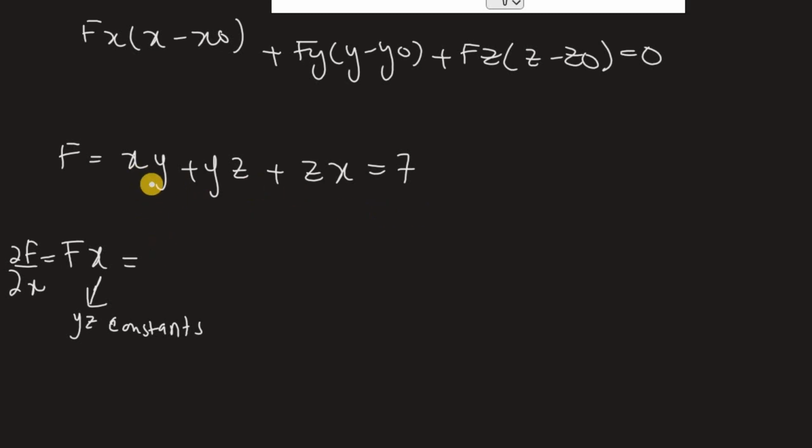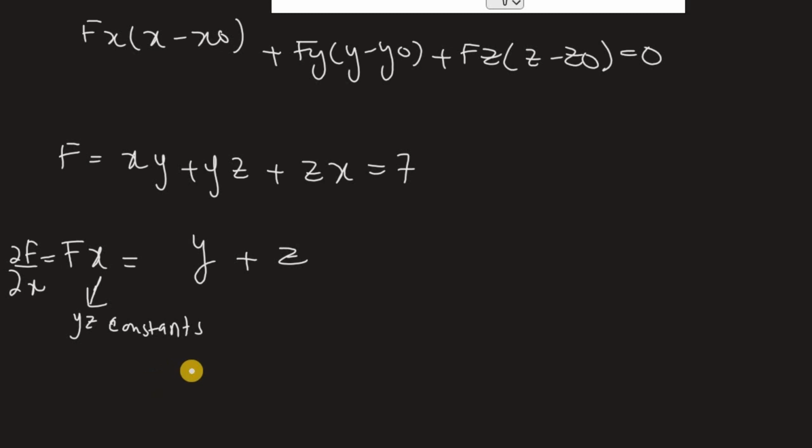For the first term xy, the derivative of x is 1, so the x disappears, and y is a constant, so it stays. For yz, there's no x, so this whole thing becomes 0 because these two are constants. Then in zx there's an x, so it goes to 1, and z is a constant, so it stays. The constant on the right becomes 0 as well. So if we remove the zeros, we have y plus z as our f_x.